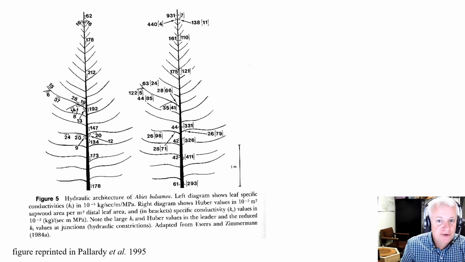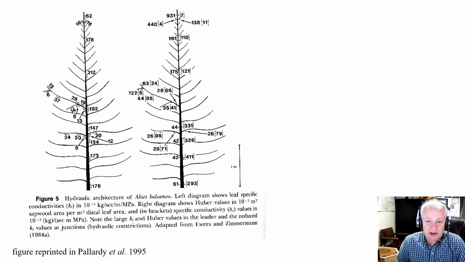This graph shows some hydraulic conductivity data collected by Frank Ewers and Martin Zimmerman. Martin Zimmerman was a biologist at Harvard University who's sort of one of the founding parents of xylem hydraulics.